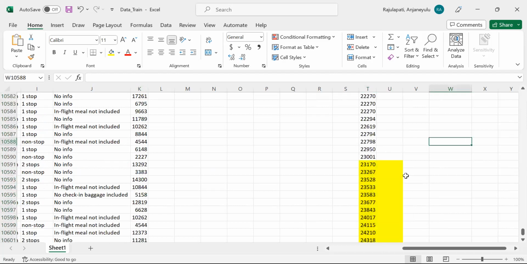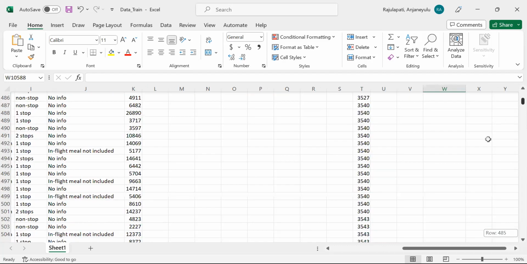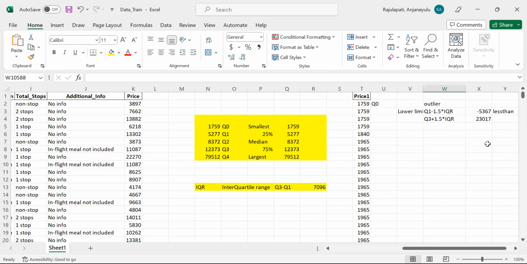So outliers, will we consider the negative values or the positive values? Outliers means it could be some extreme data. In some situations, like in COVID time, the price of everything could be high, or the flight cost was increased.